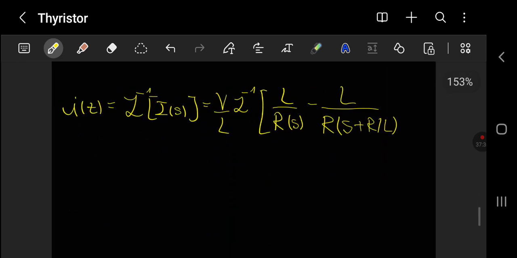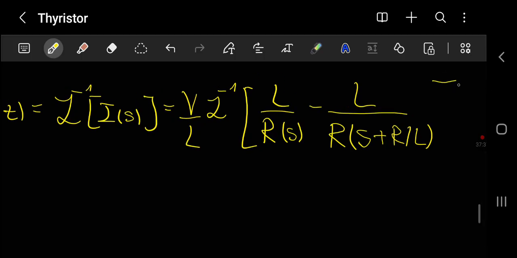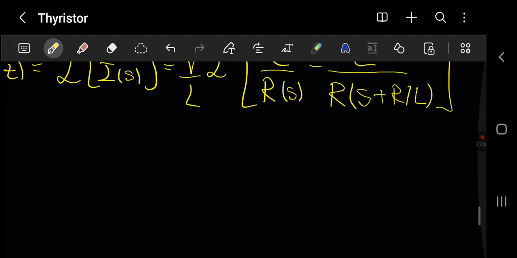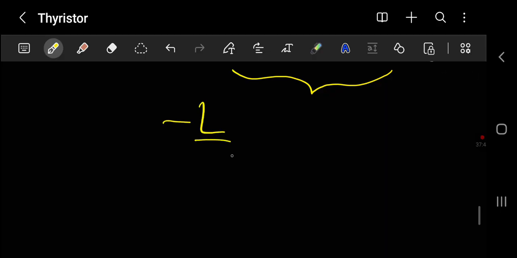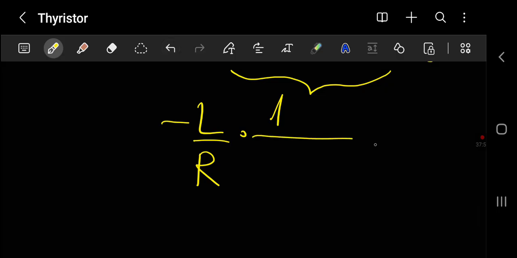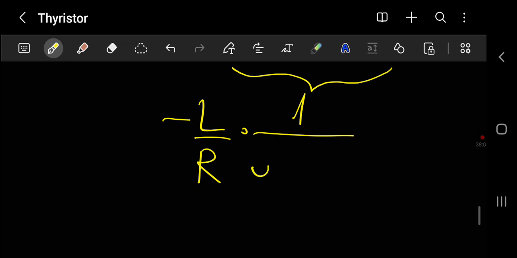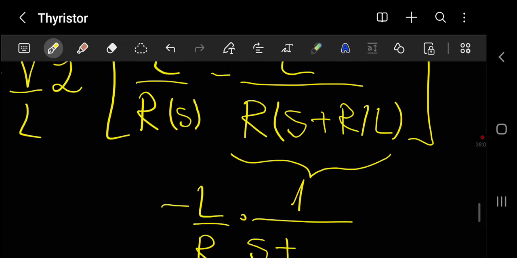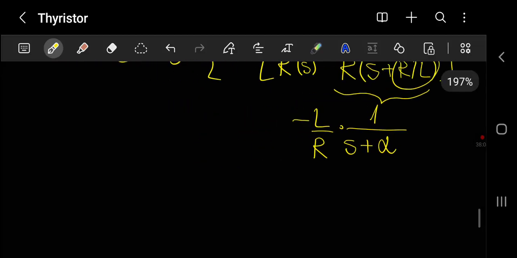Okay, now we need to look at the Laplace table of transformations. This term, let's rewrite this: L minus L over R times 1 over S plus, in this, let's call it alpha.